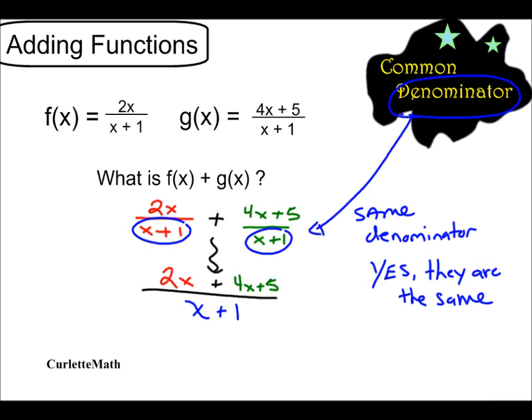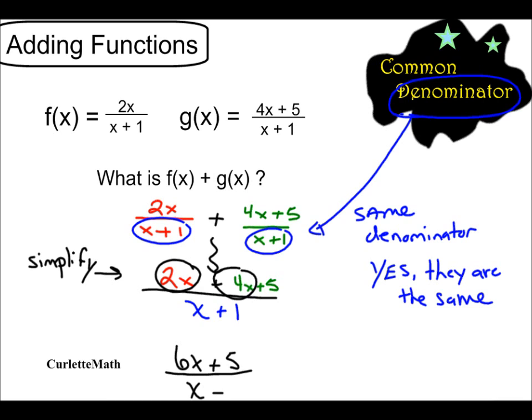And now in the numerator, all we have to do is simplify. So combine like terms: 2x and a positive 4x will give us 6x, and then the plus 5 with the constant, all over x plus 1.